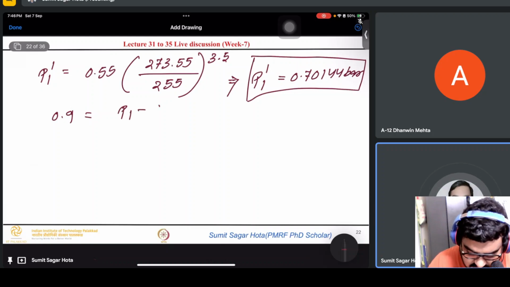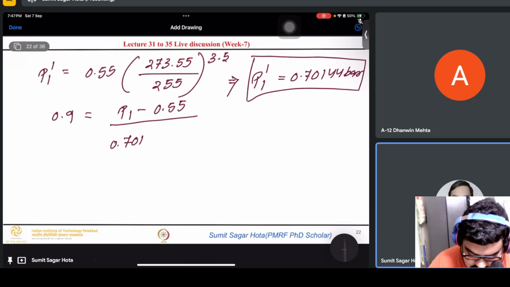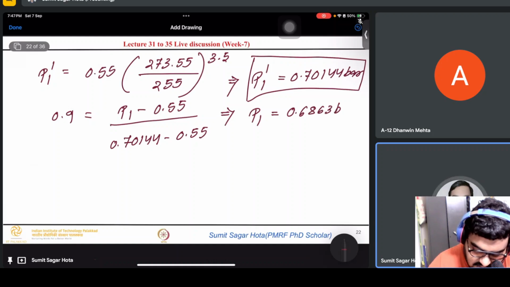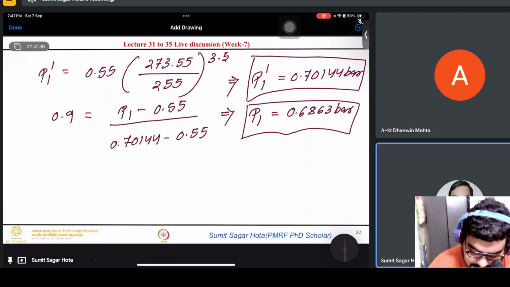P1 minus PA, 0.55, P1 dash minus PA. If you calculate, you will get P1 as 0.6863 bar.